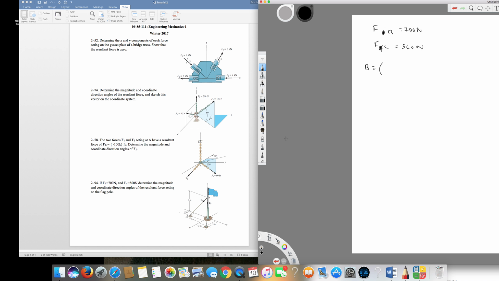B coordinates are going to be what? If I look at it, x is equal to 2 for B, B x is equal to 2, y is equal to negative 3, z is 0 because it's in the bottom level.